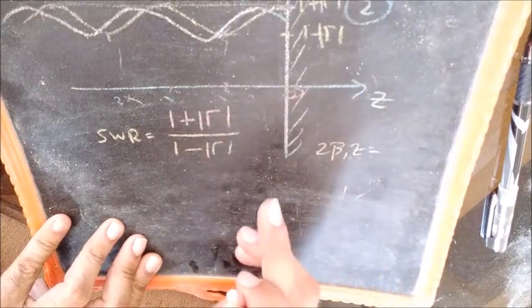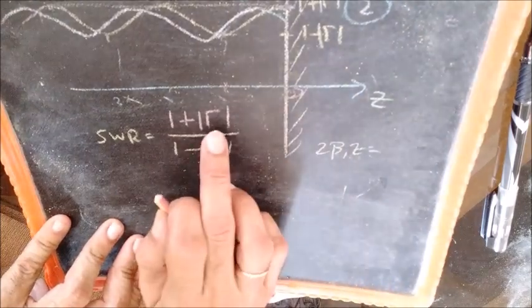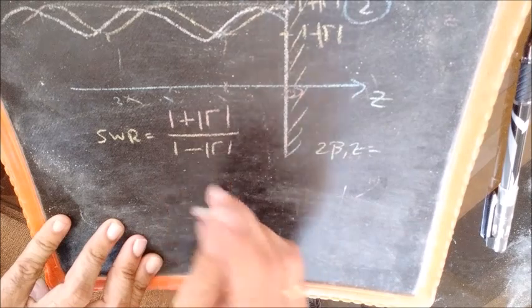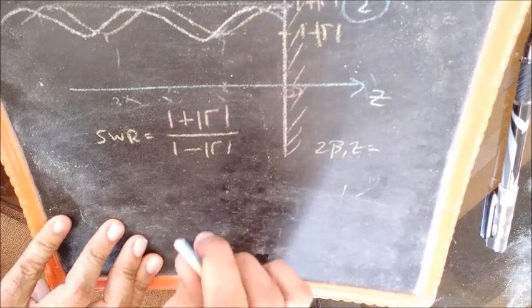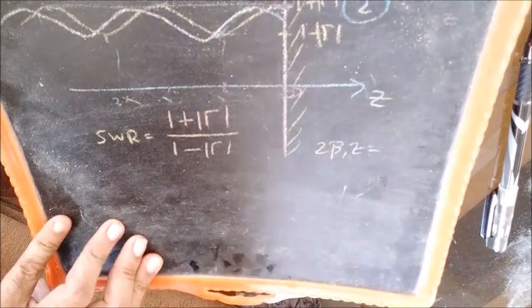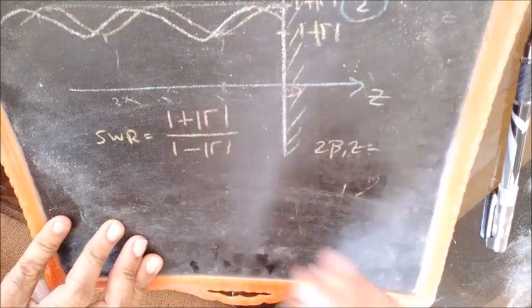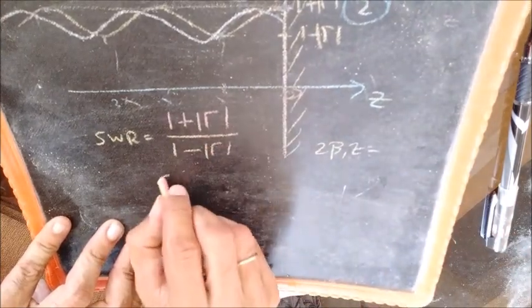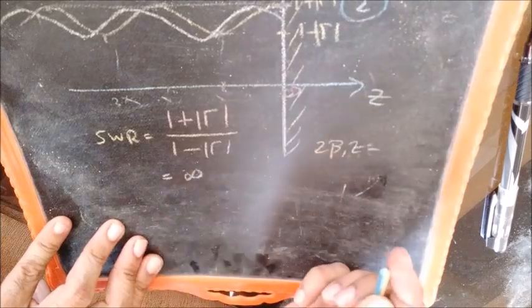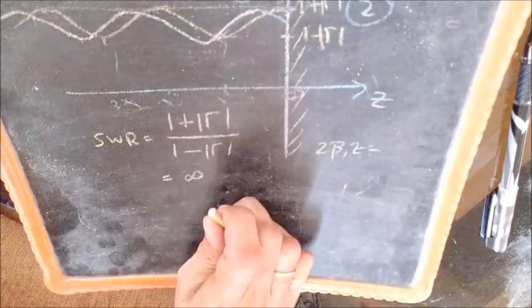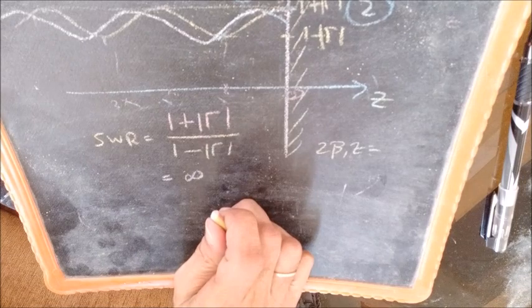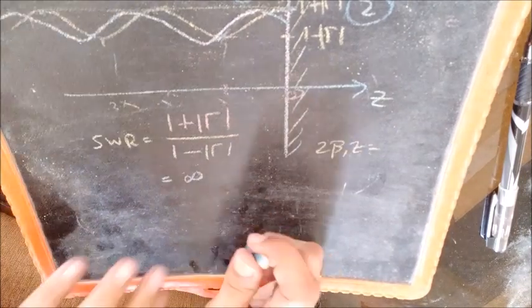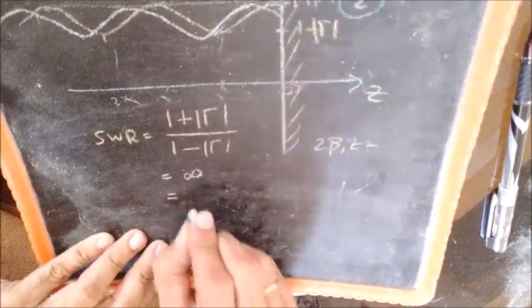And the maximum value which the reflection coefficient can have is 1. That is when the entire wave is reflected. There is no transmitted component. When the reflection coefficient is 1, standing wave ratio becomes infinity. And the smallest value the reflection coefficient can have is 0. There is no reflection, 100% transmission. And then the standing wave ratio becomes 1.